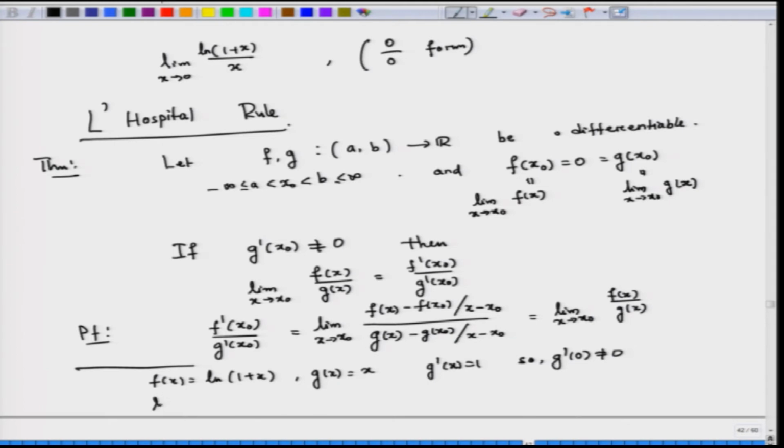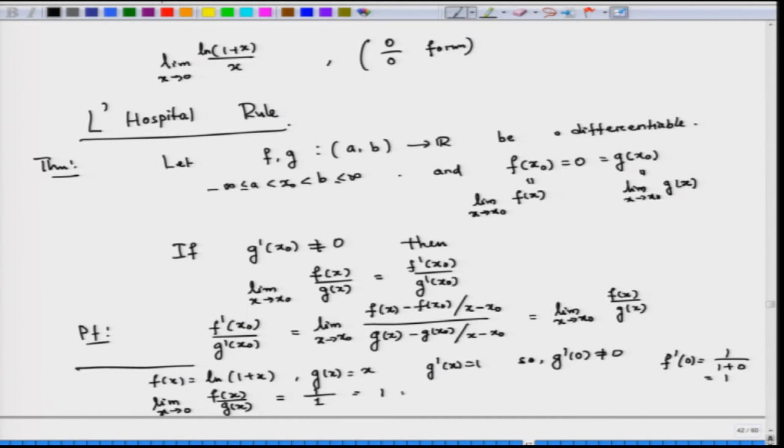So, therefore, the limit as x goes to 0 of f of x by g of x is equal to f prime at 0, which is 1 by 1 plus 0, which is equal to 1. So, this is equal to 1 by 1, which is equal to 1.